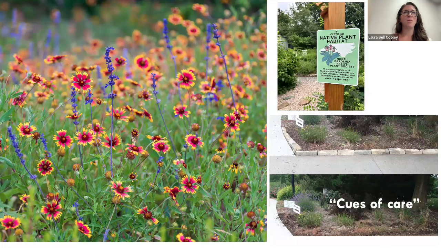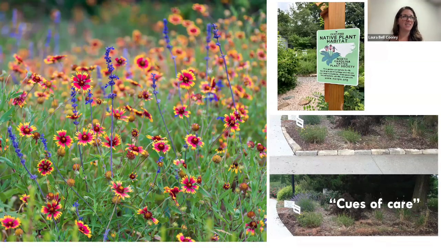I also encourage people, especially if you live in a highly visible area or you have an HOA, people tend to be worried about the messy look of rain gardens or using certain planting beds.